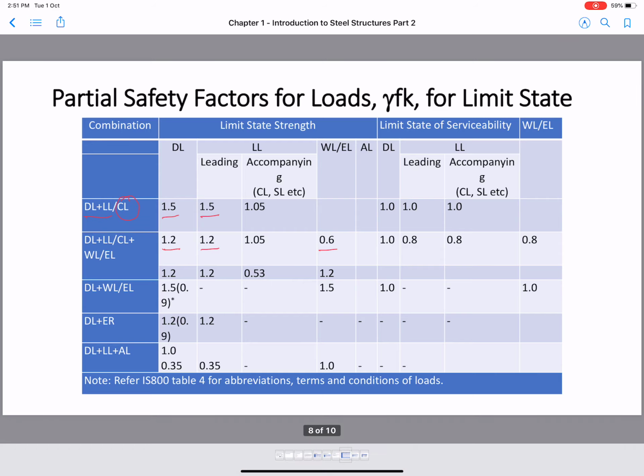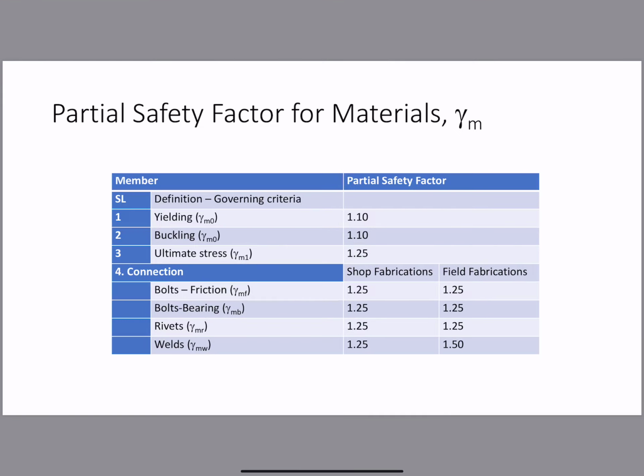Now let's discuss the partial safety factor for materials. Similarly, apart from geometric imperfection, sometimes there is material imperfection, and also member behavior, like some elements not even attaining the yield stress because local buckling prevents it. That means the stress is not even reaching the yield stress.